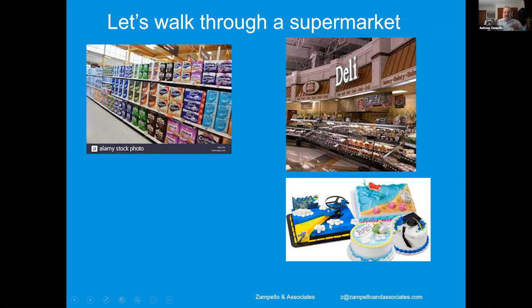And this isn't just pulling a sheet cake already made and saying, hey, could you please write on it, happy birthday, Wanda June, which is a movie that many of you may have seen a long, long time ago. I want you to make me a cake from scratch. You tell me what ingredients I can choose from, and then I'm going to tell you how to put it together. And I want a cake that's half chocolate, half strawberry, and half vanilla.